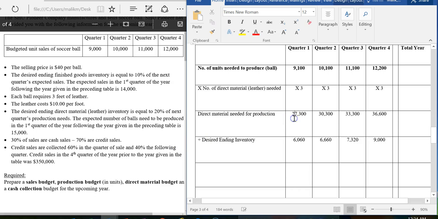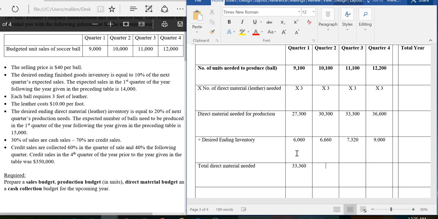And if you add these two, then you will find the total direct material needed. So let's add this for quarter 1. It's 27,300 plus 6,060, and I got 33,360.